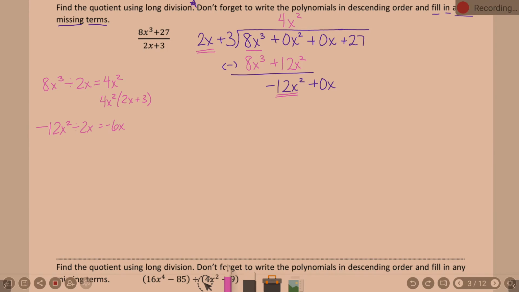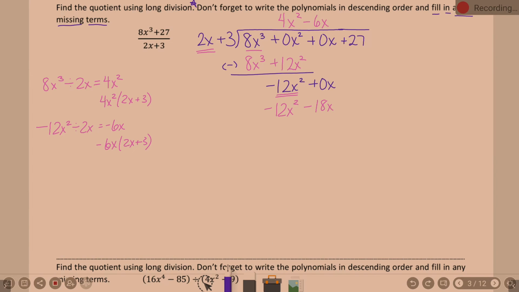So that's a negative 6x that should just go in the next position, which goes over its like term, right? Take the negative 6x and multiply, distribute. Negative 6x times 2x, negative 12x squared. Negative 6x times 3, minus 18x.